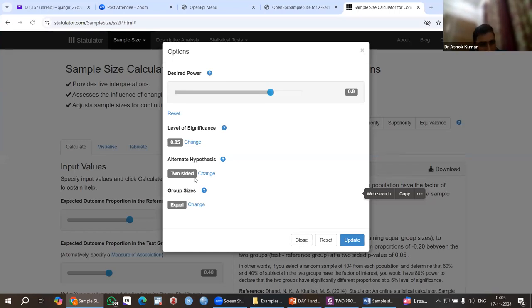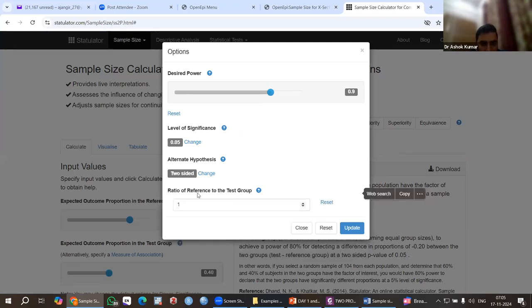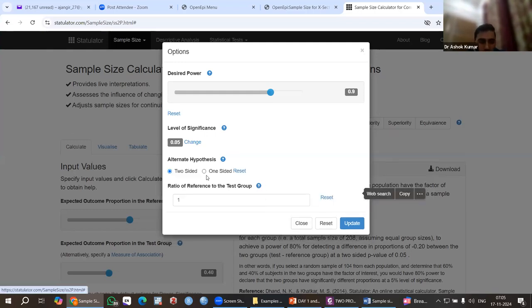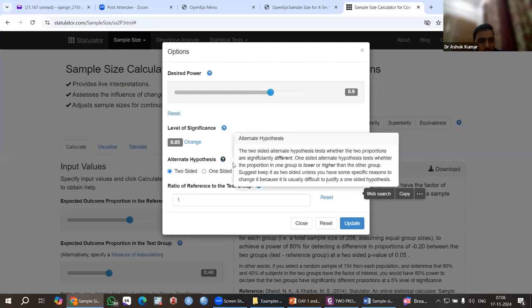Then two-sided, this is two-sided. Group size is equal. If I want to change it, like 2 and 3, this is the ratio of reference to test group. This is always for control to intervention group. So you have to think about this. If I want to change one-sided and two-sided, I can change it. It is default two-sided, always take two-sided.